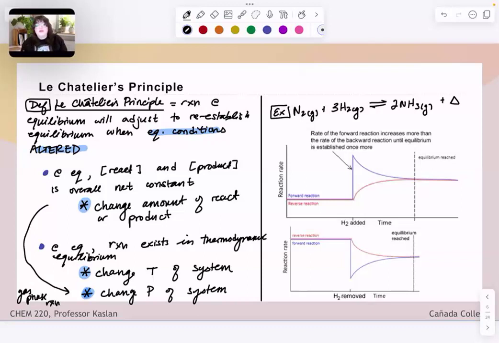Right, so all of these external factors that have some kind of effect on how a chemical reaction proceeds will also disturb or change the equilibrium of that chemical reaction.